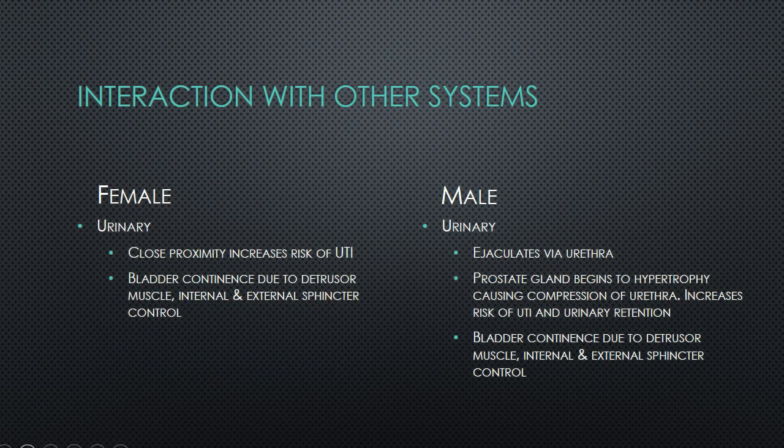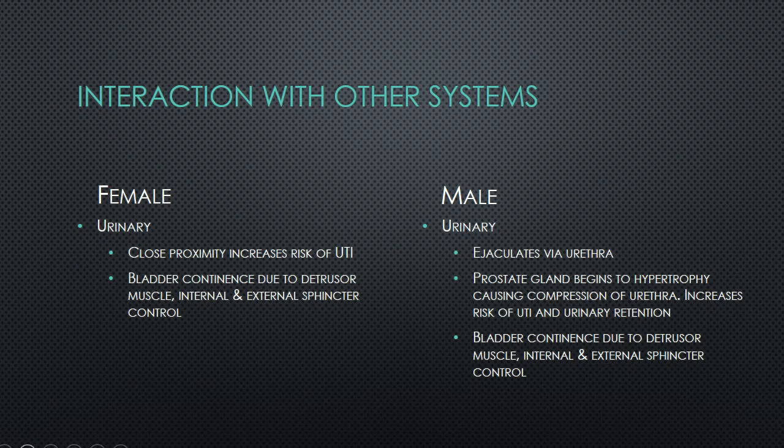With the female urinary system, everything is in close proximity, which increases the risk of UTI. That's why teaching and educating is so important about wiping front to back. Anytime they have sexual intercourse, they should always urinate afterwards.